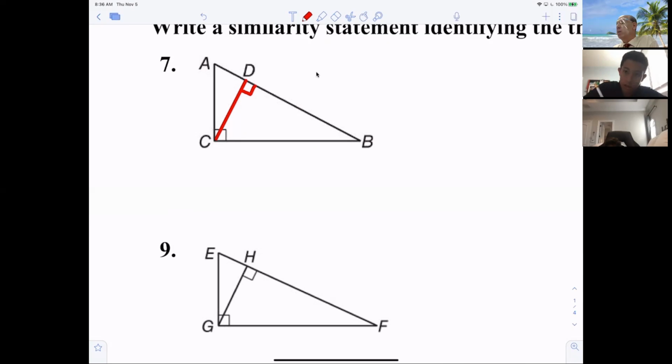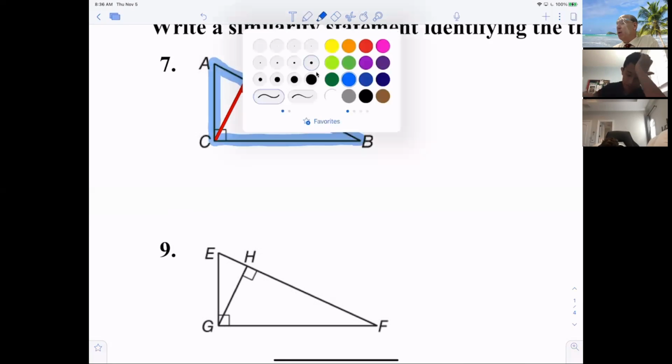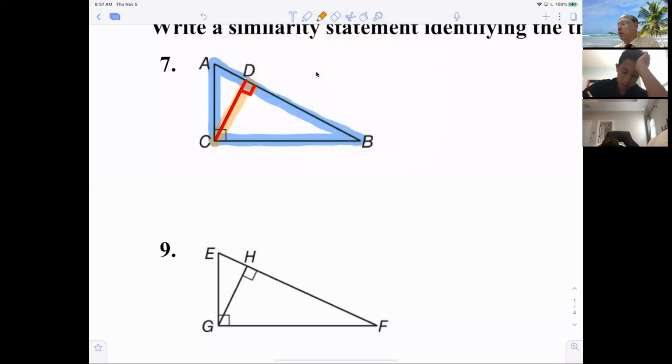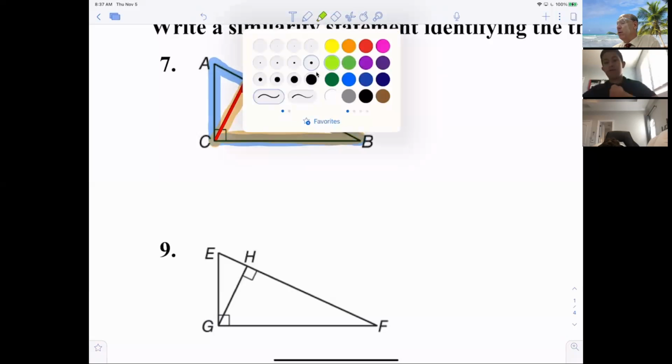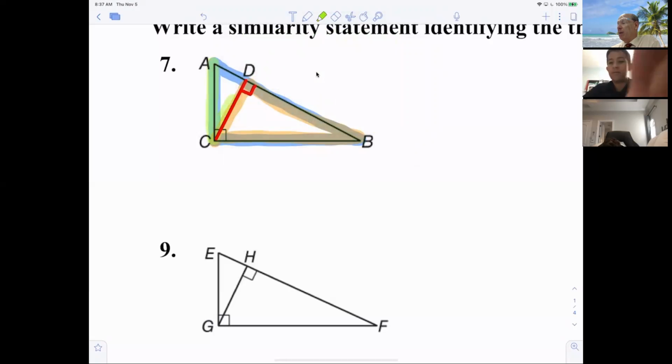So now I want to highlight to show you something. The large triangle. Now I'm going to highlight the small triangle. Besides the right angle, what angle do they share? B. They share B, so that makes them similar. Now I'm going to highlight the other triangle, this small one.